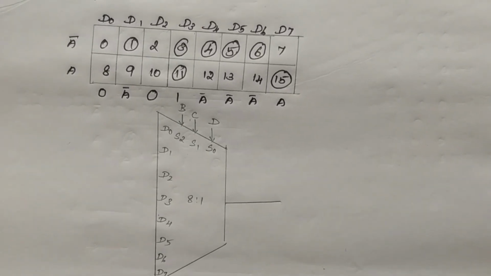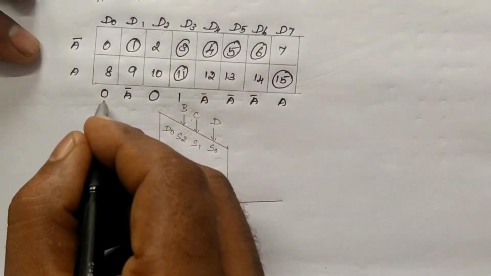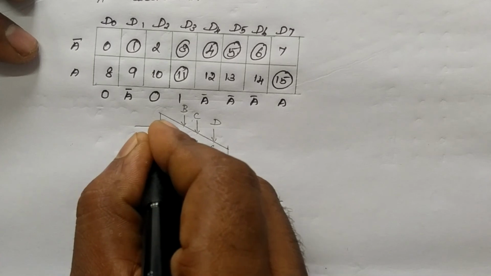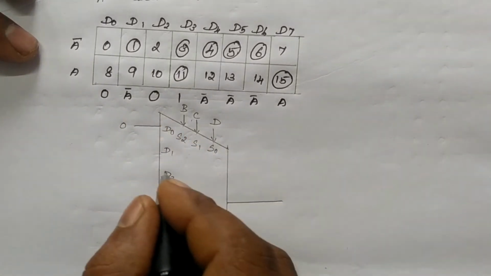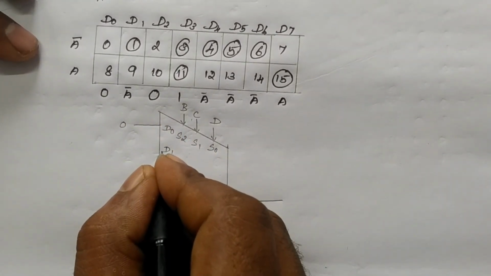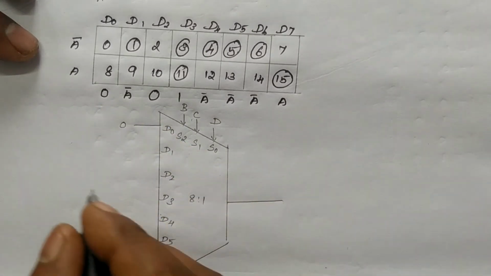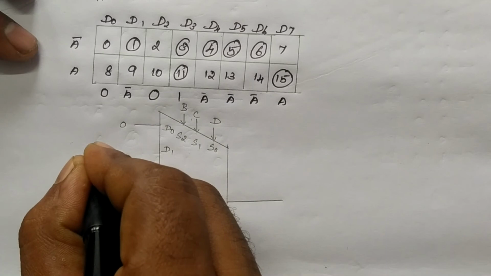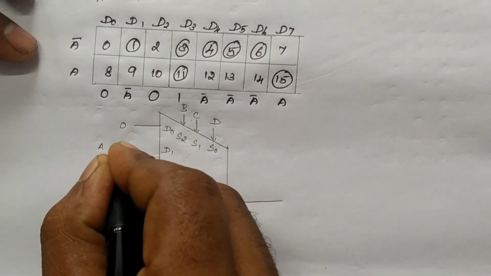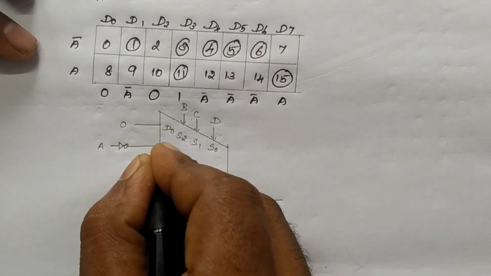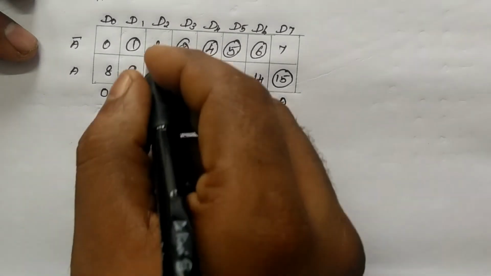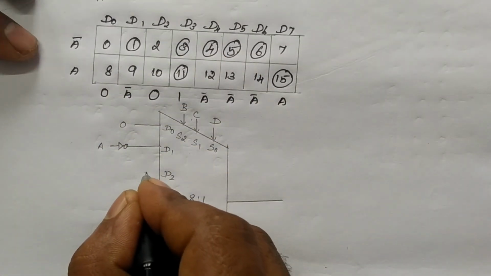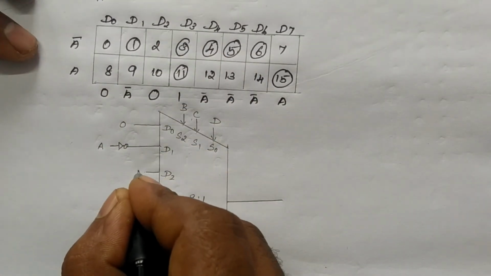Then for D0, the value is 0, therefore it should be connected to 0. For D1, its value is A bar, so I connect A to a NOT gate, and that goes to D1. Then D2 value is 0, so we connect it to 0.